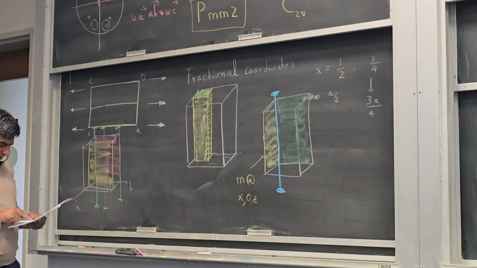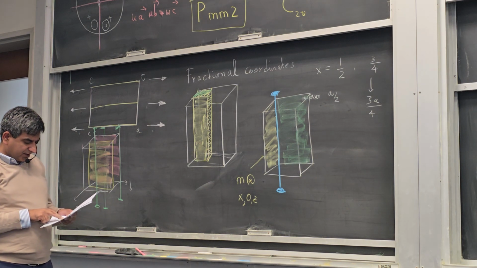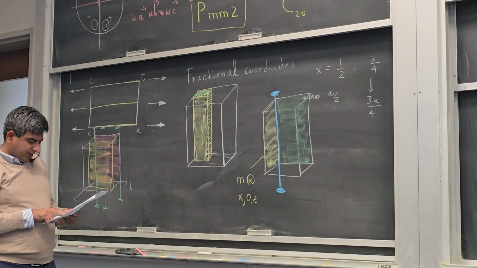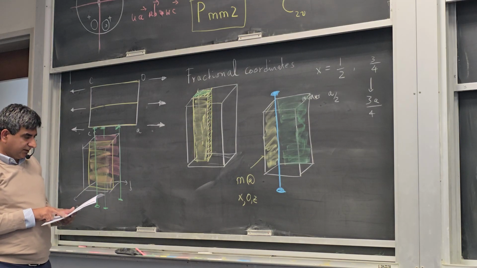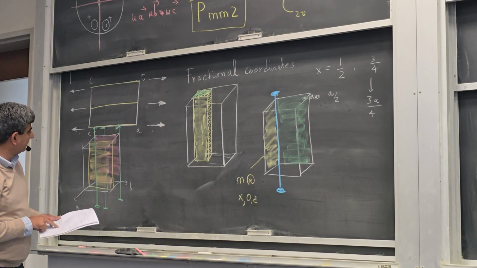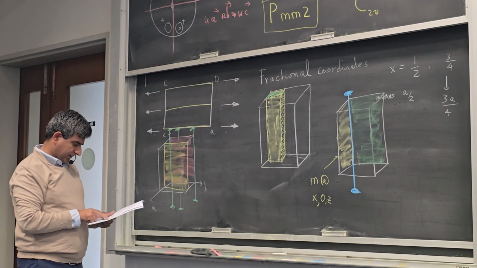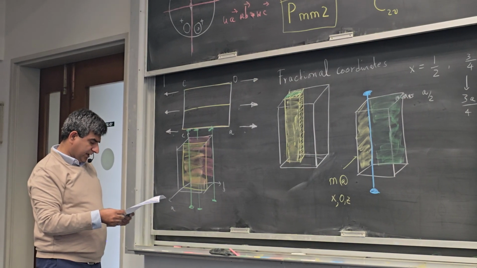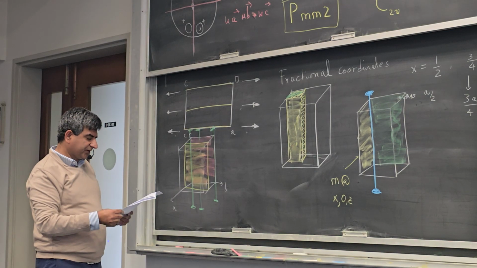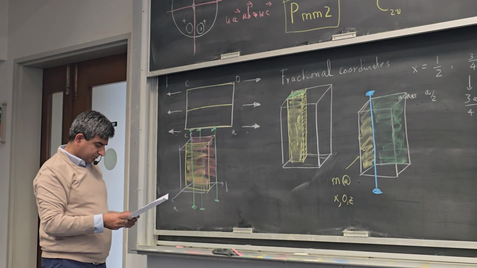You could do the symmetry operation number 2, which is a 2-fold axis of rotation. You could do a symmetry operation 3, which is a mirror plane x, 0, z, any x. This will generate all the symmetry operations that exist inside this space group.